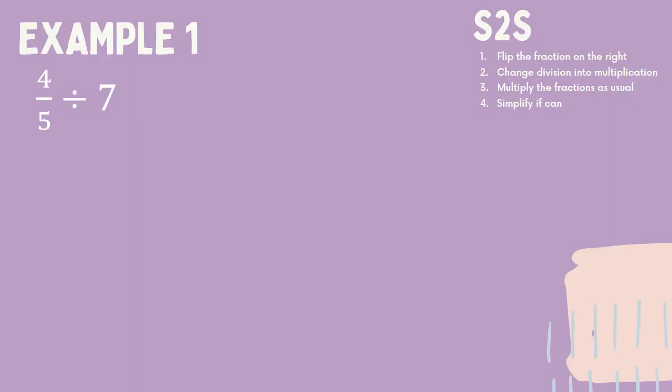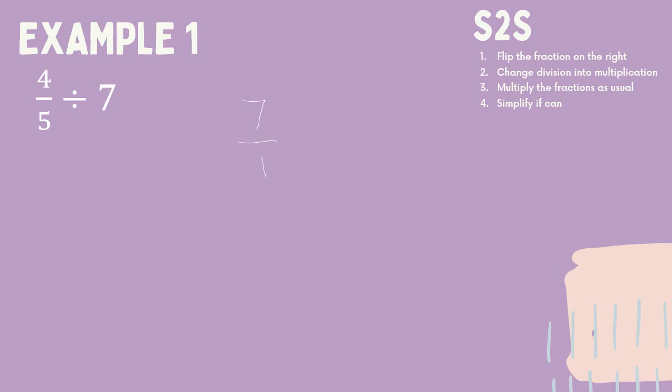Let's jump right ahead into example 1. We have 4 out of 5 divided by 7. First things first, I have taught you the basics of fractions last year when you were in Year 4. We have a 7 right here as the whole number, and we know that 7 is actually 7 out of 1.